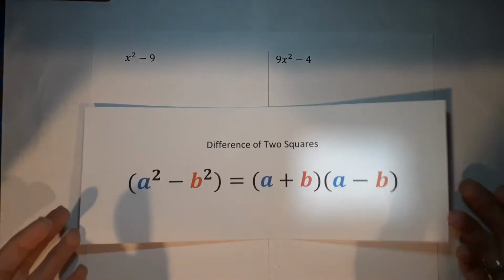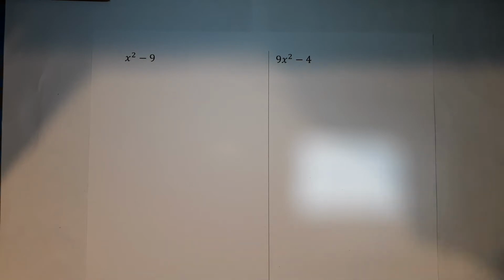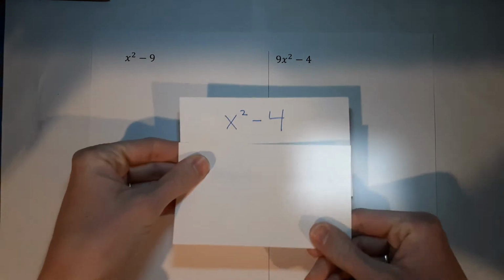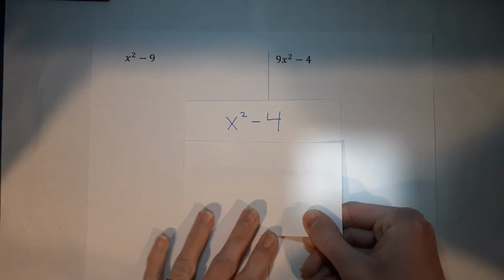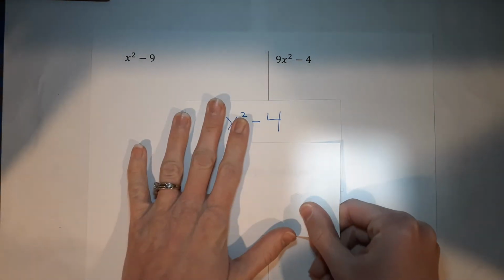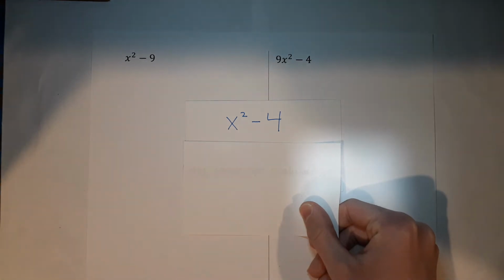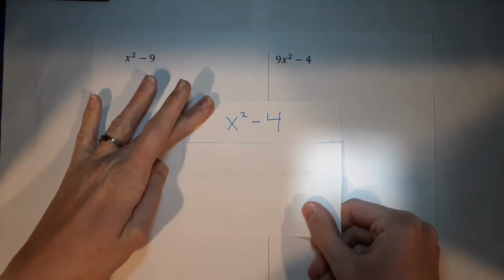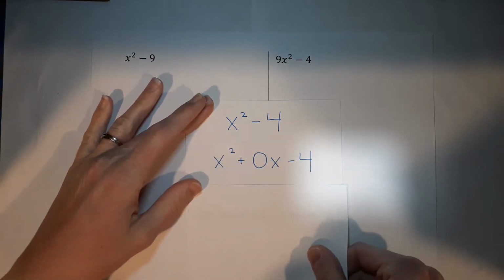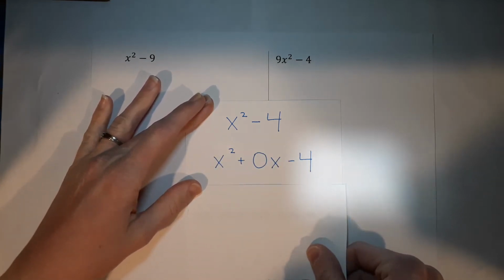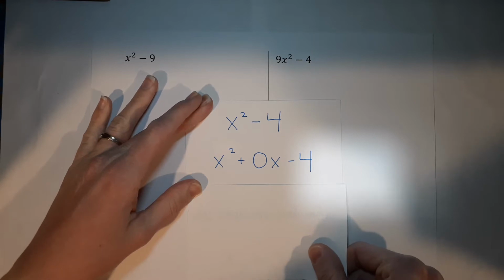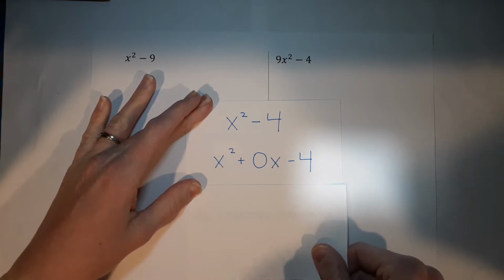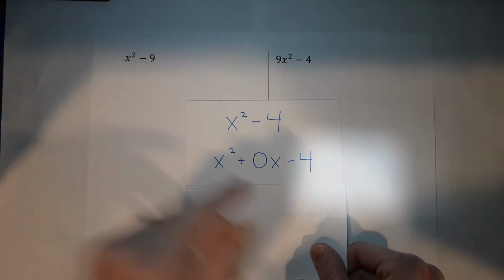So if you have something like this, this is one that you can use the difference of two squares on. But if you forget about it, like I have before, you can just pretend that there's a plus 0x there, because you're adding 0x's and that's fine. And then you just factor it like normal.